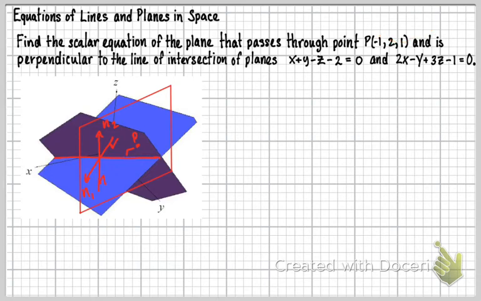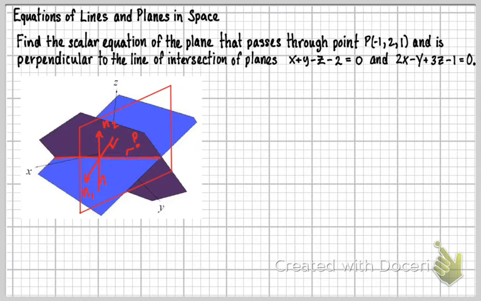So when I look at these planes here, do I see the normal vector? Hopefully we see them right away, because it's just the coefficients in front of my x, y, and z when I have it in standard form. When I have all my x, y's, and z's on the same side, that's my actual normal vector.